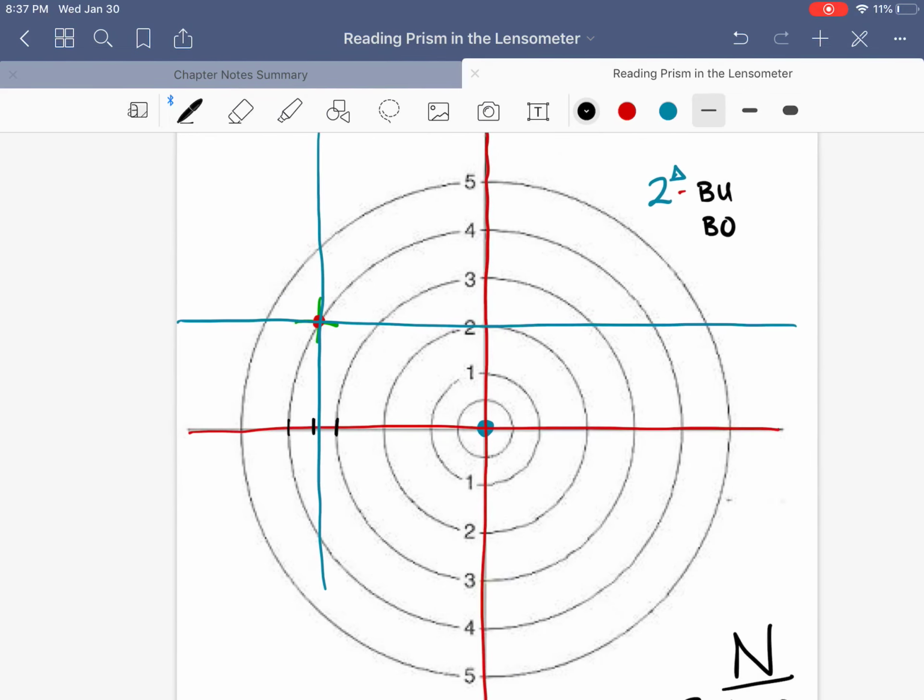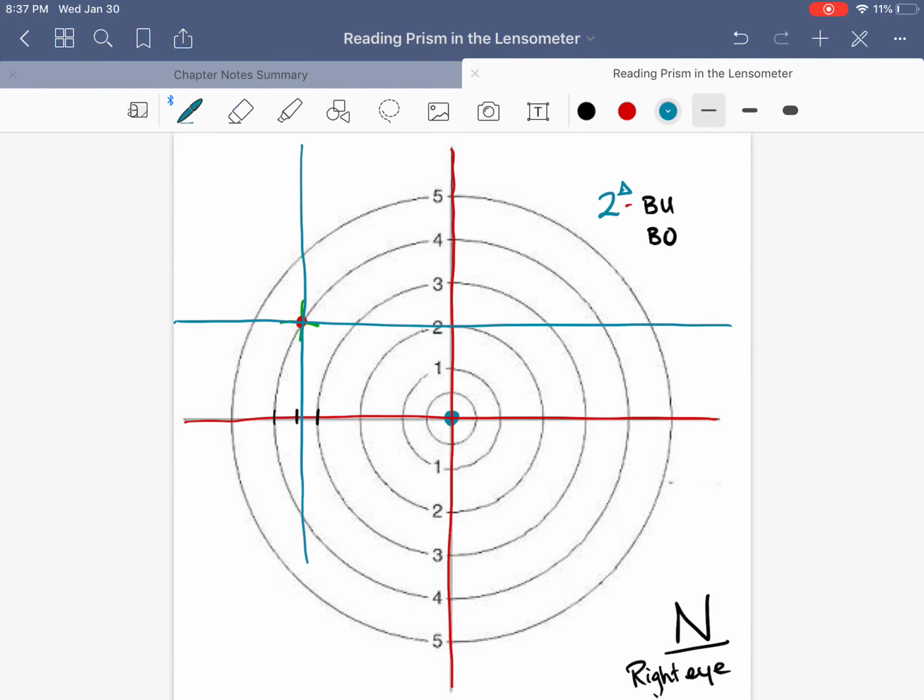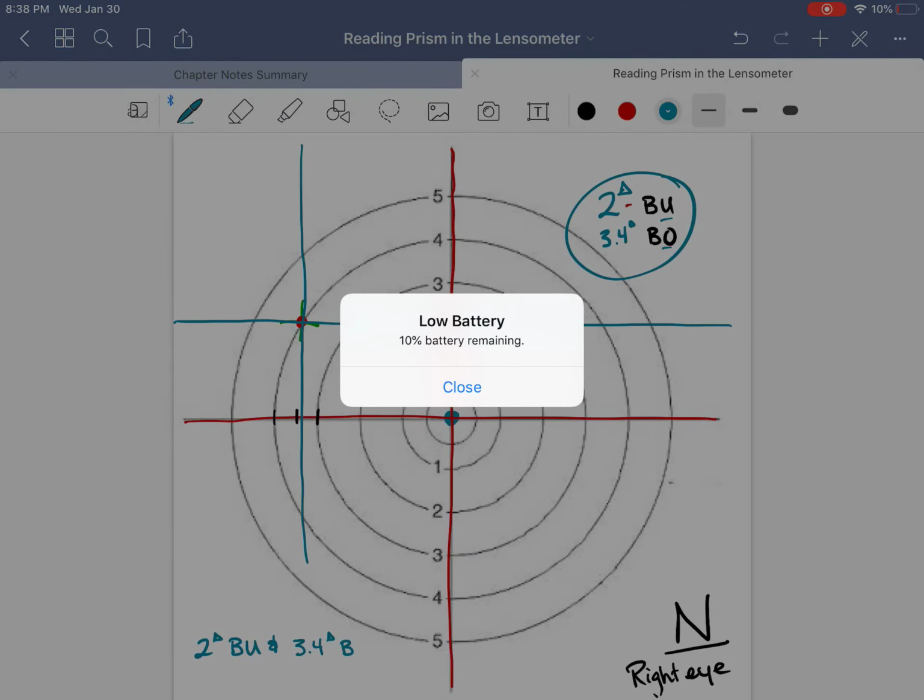So that would mean we write in here 3.4 diopters base out. So how this whole thing right here would be written out, the base up or out, neither one of those, you can put them either way you want: 2 diopters base up and 3.4 diopters base out.